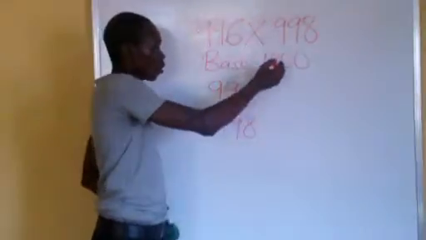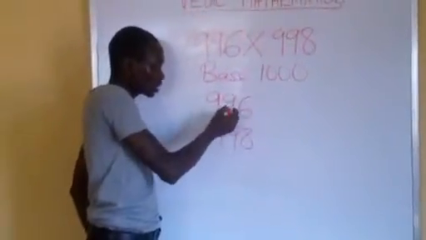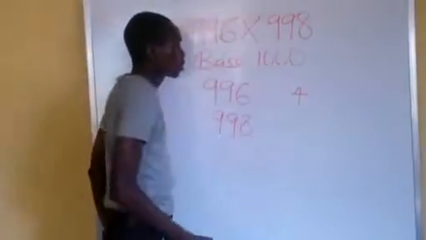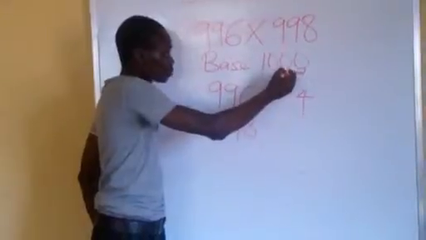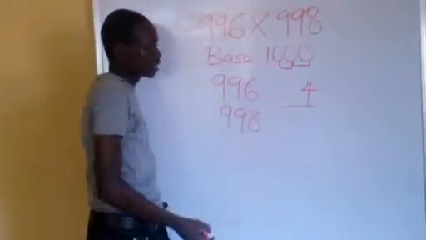Now we're going to subtract both of them from 1000. 1000 minus 996 is 4. But remember that we have 1, 2, 3 zeros. So we're going to have 3 digits here, and we have just 1.